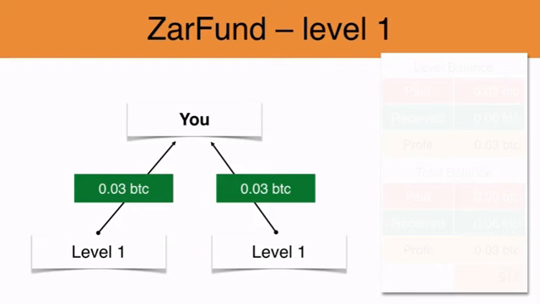If they aren't passed down the matrix to you, go ahead and get two people, and they're going to send you 0.03 Bitcoin apiece. They start at level 0 until they send the 0.03, and once they do, they'll move up and become level 1 like you did.